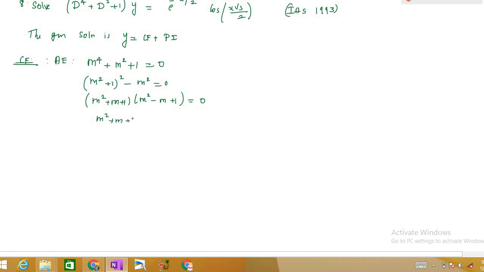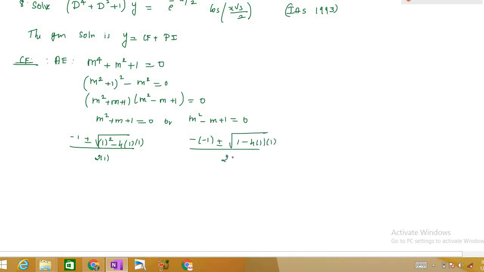So we solve m square plus m plus 1 is equal to 0, or m square minus m plus 1 is equal to 0. Now I think you can solve this separately. For m square plus m plus 1 is equal to 0, the roots are minus b plus or minus square root of b square minus 4ac divided by 2a.